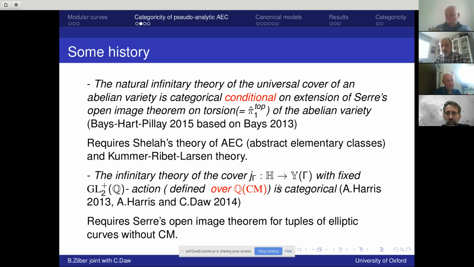In this case, you also need something. Namely, you need to understand the action of the Galois group on CM points. And if you don't understand it, then you pay a price that your field of definition has to be quite large.